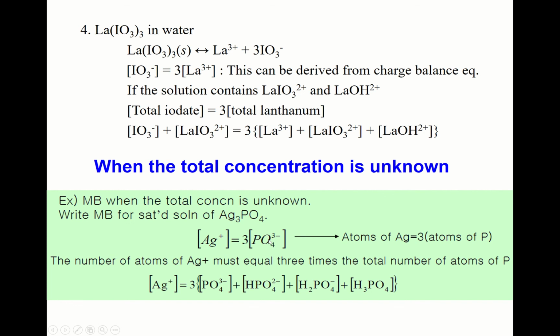But this phosphate ion undergoes reaction with water, so it makes 1, 2, 3, 4 species. In this case, we start from this equation, and instead of this phosphate ion, we consider all these phosphate-containing species. So this is the correct mass balance equation for when silver phosphate is dissolved in water. That's the idea.